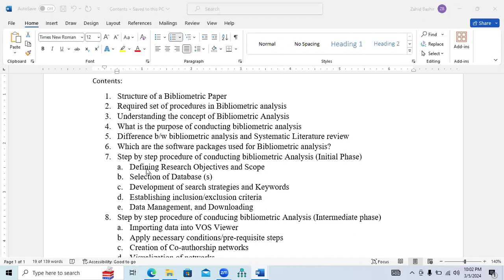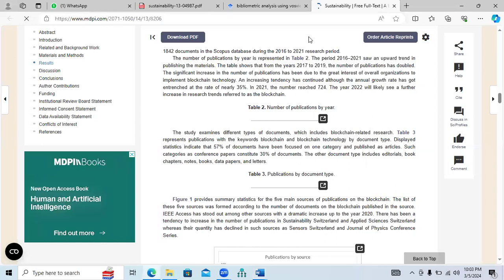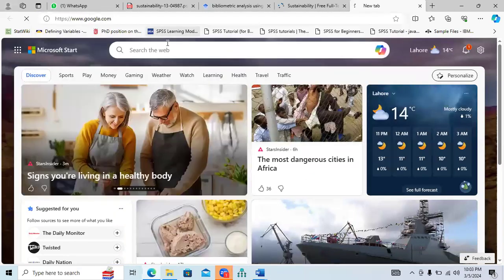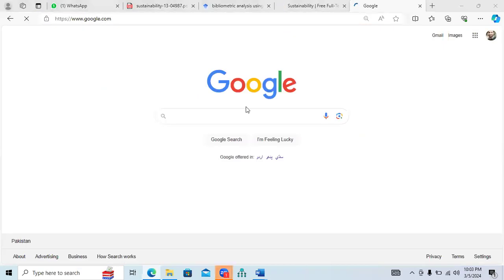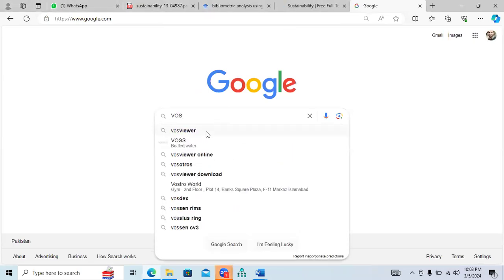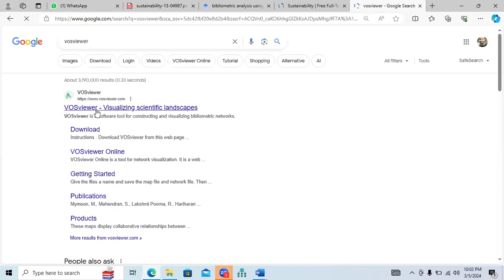The software is free, Bashir sir. Yes, the software is free and can be easily downloaded. There is no need to have trial access. It is basically freeware. If you go to Google, you just need to write the name here and it will show you the website.